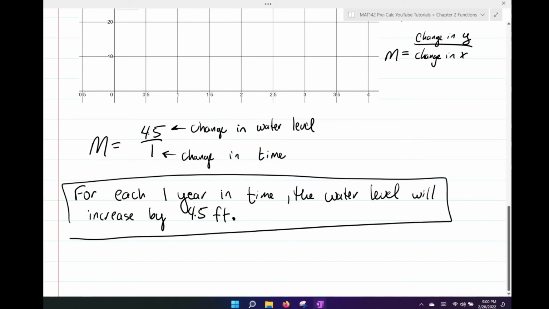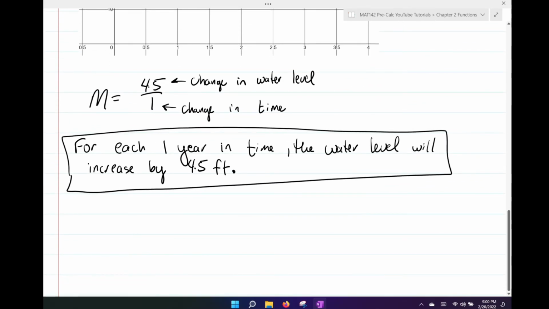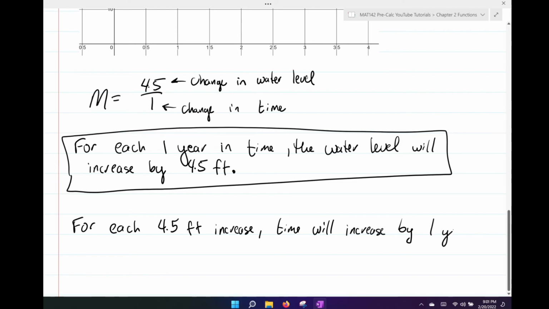You could also write it with the y or the water level first and then time second. So I'll do that too. So for each 4.5 feet increase, time will increase by 1 year.